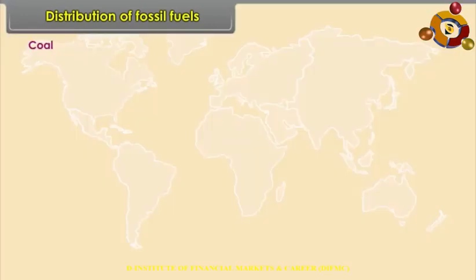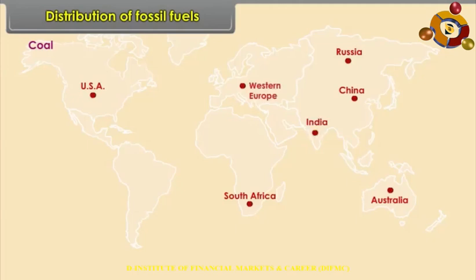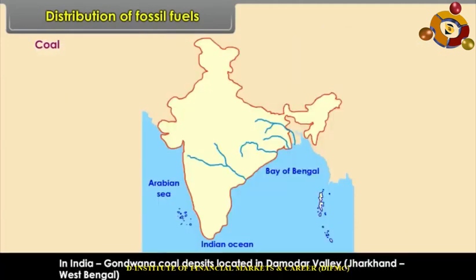Coal, world distribution: Russia, USA, China, Australia, parts of Western Europe, South Africa and India. In India, Gondwana coal deposits are located in Damodar Valley, Jharkhand and West Bengal.